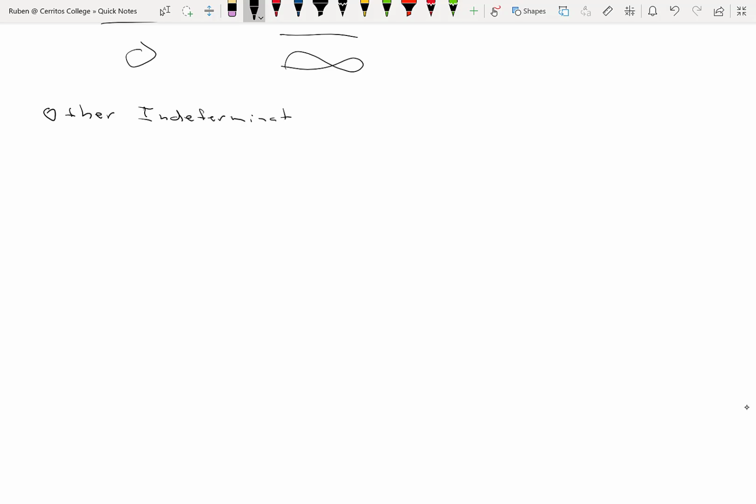To help you along with this, think about infinity as being a large number. How large? Well, infinitely large.